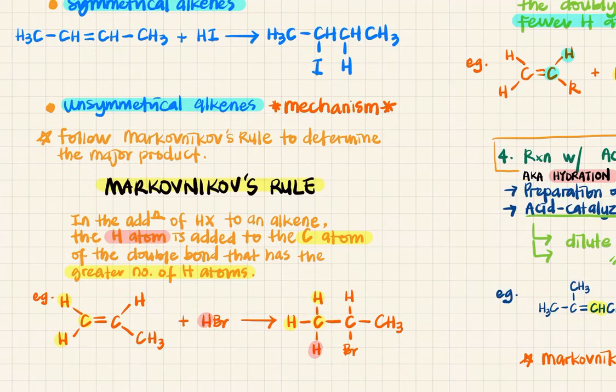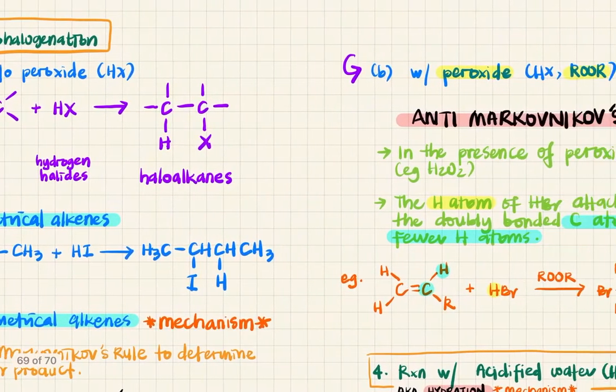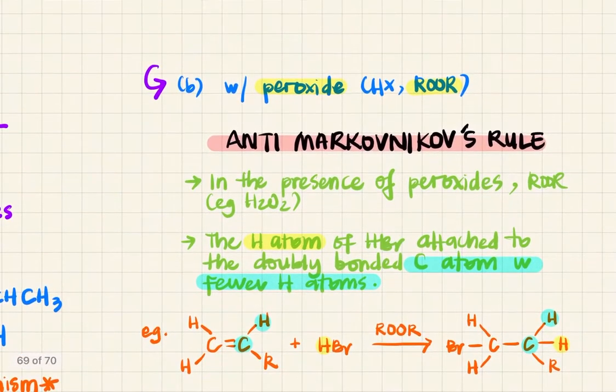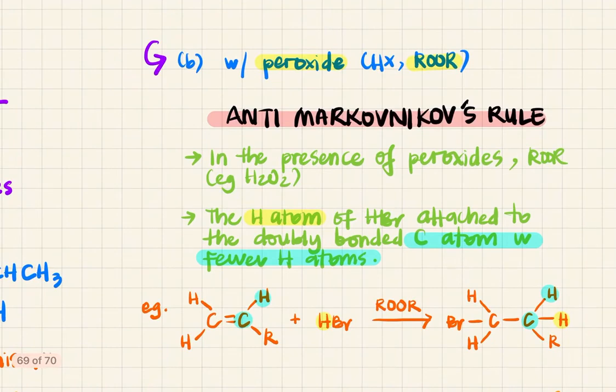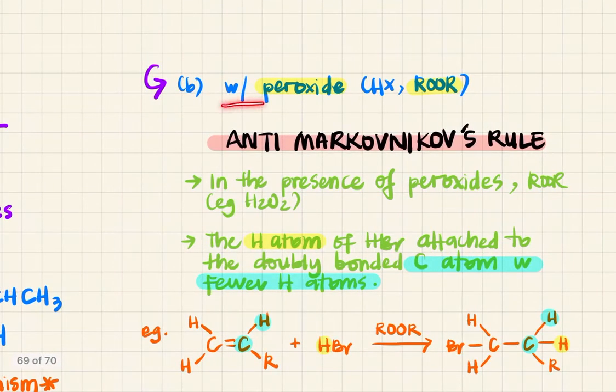Okay, ingat Markovnikov awak guna bila awak ada unsymmetrical alkenes, when you are adding HX, hydrogen halides. Okay, so what about this situation pula when we perform hydrohalogenation with the presence of peroxide.